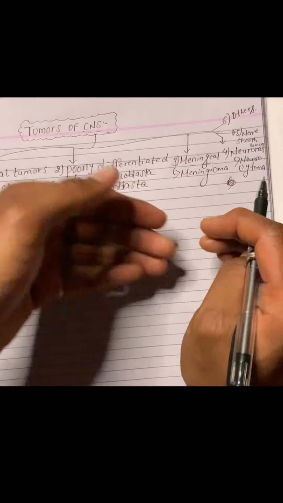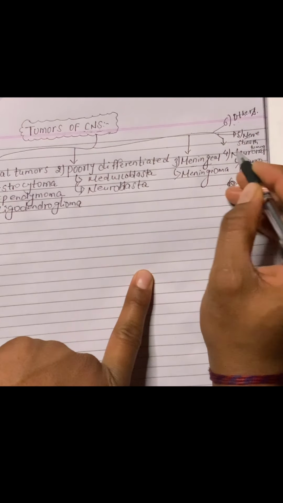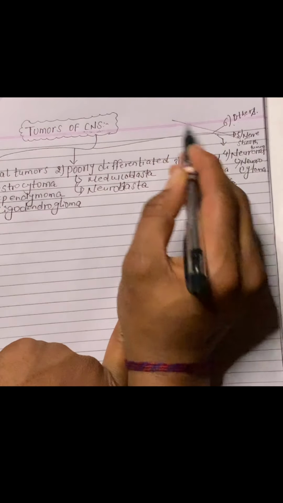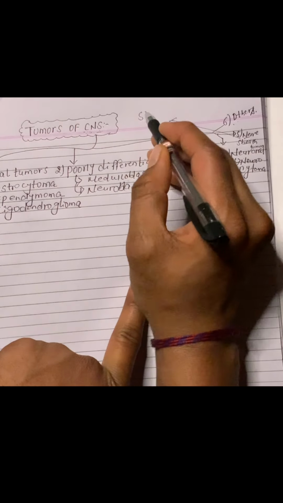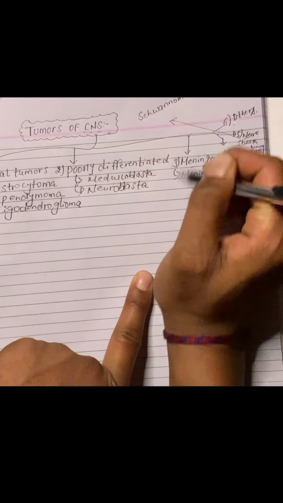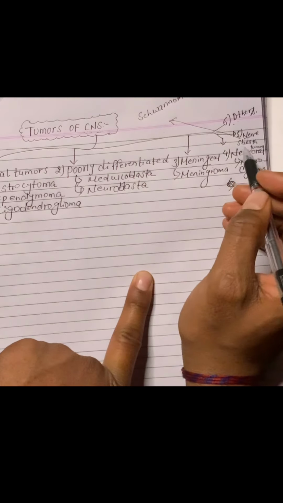We don't want to make these things messier; we are trying to make it as simple as possible. Next is nerve sheath tumors. Definitely it will be schwannoma. I'm writing it here because there is no space. Schwannoma, nerve sheath tumor, tumor of Schwann cells, because Schwann cells are the nerve sheath forming cells.